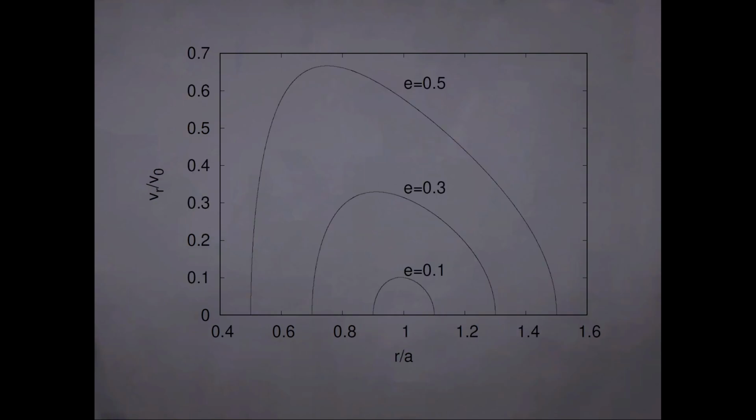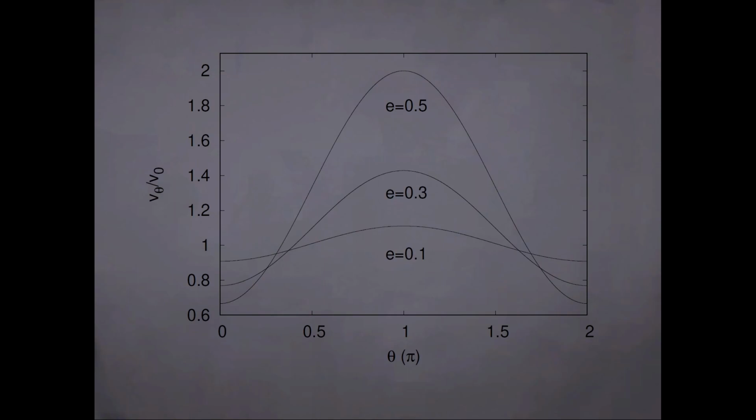And this figure shows the normalized radial velocities as functions of the normalized radii, again for various values of the eccentricities. So the points where the normalized radial velocity vanishes will correspond to the two apsidal distances.